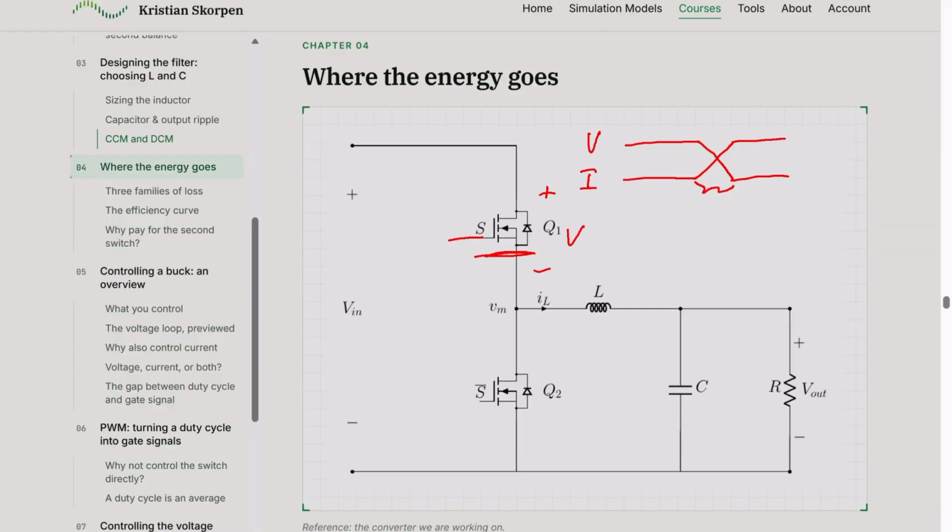So this is a very simplified version of it. But to find the losses, you just multiply the voltage and the current. And you will see that it's zero before we switch, and then it's positive when we switch, and then it's zero afterwards. So we generate some losses when we switch.